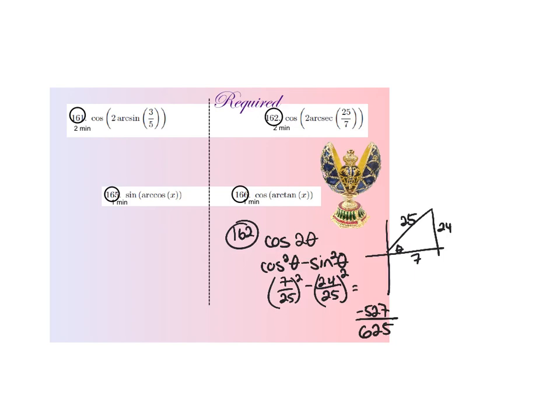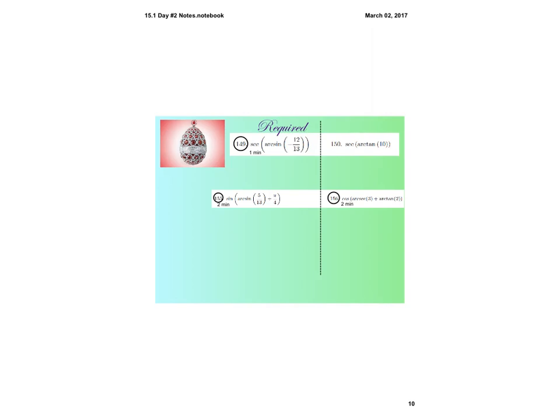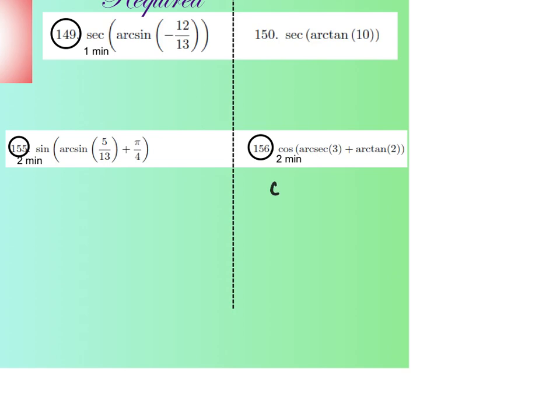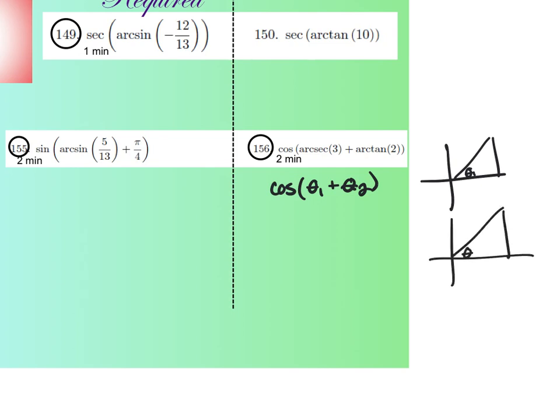So, look at the next one. This is more of the same. I'm not going to do it, but I see that this is cosine of theta 1 plus theta 2, so that looks like a cosine sum formula. So you're going to draw 2 triangles, right, and mark them theta 1 and theta 2, and then this is cosine theta 1, cosine theta 2 minus sine theta 1, sine theta 2.